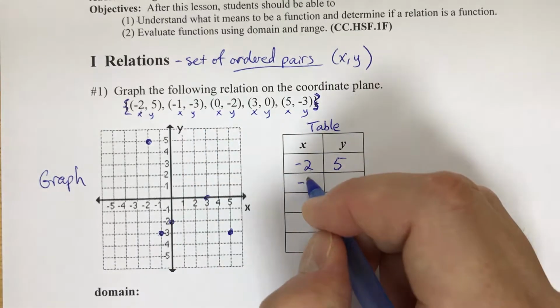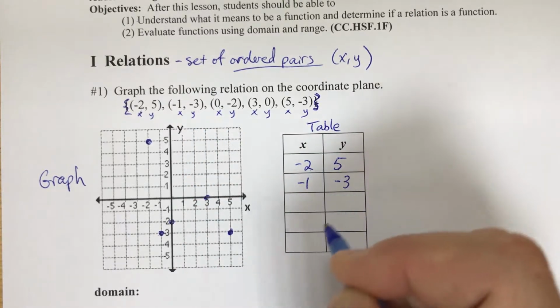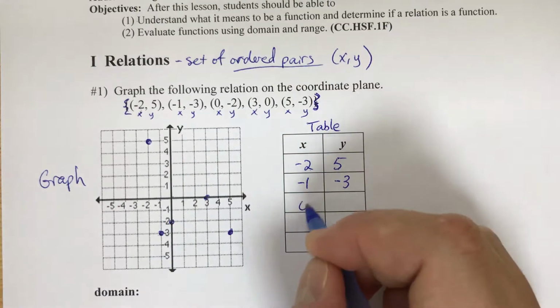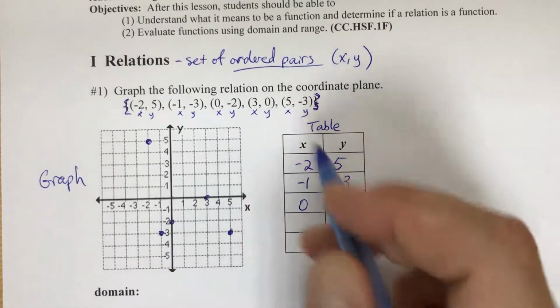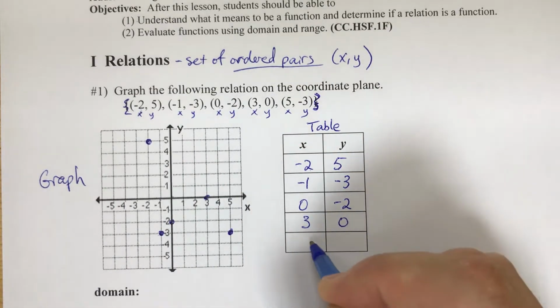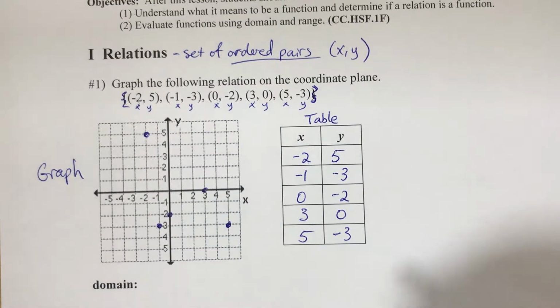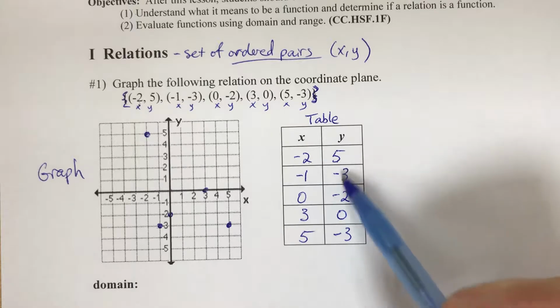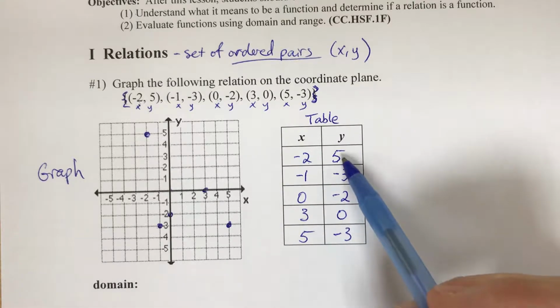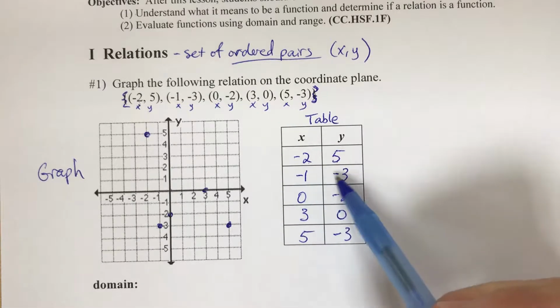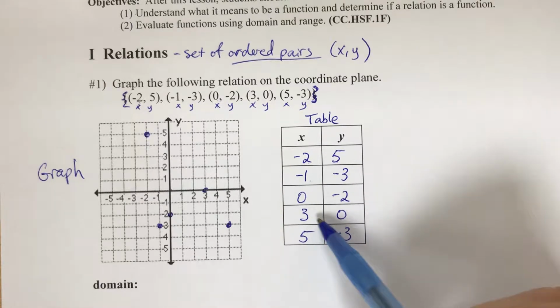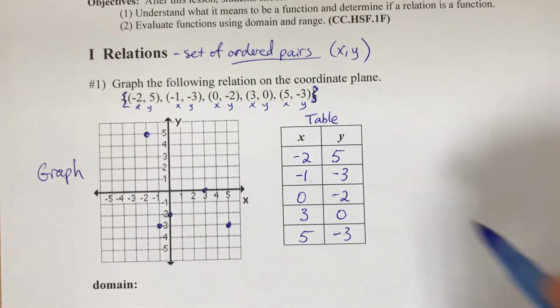And then when x is negative 1, the y is negative 3. When x is 0, the y is negative 2. When x is 3, the y is 0. And then 5 and negative 3. It is important that I don't mix these up. The y values go with a specific x value, so I have to make sure I match those correctly.